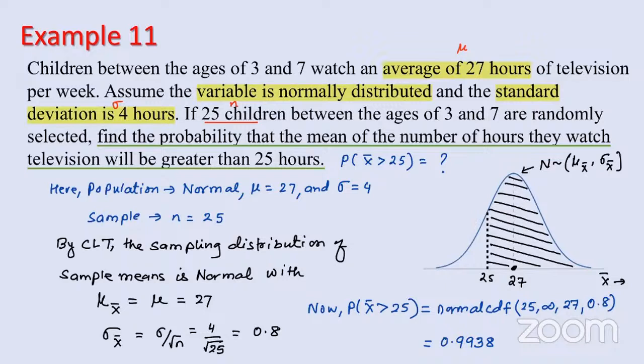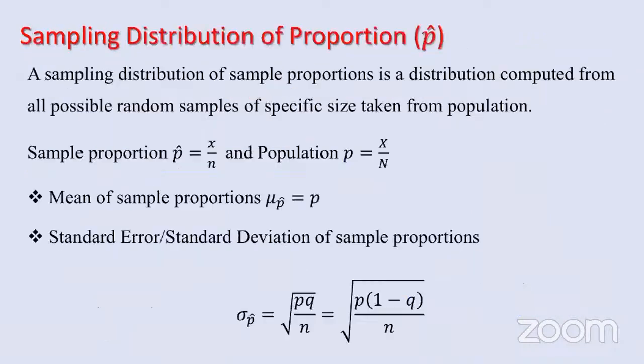Okay. If you have any question on this one, let me know before we go to the next example. So this one was the example on the sampling distribution of sample mean. We did 2 different types of problems in the last class, but today we are doing just one from the mean and one from the proportion. So this was the information on the sampling distribution of proportion.